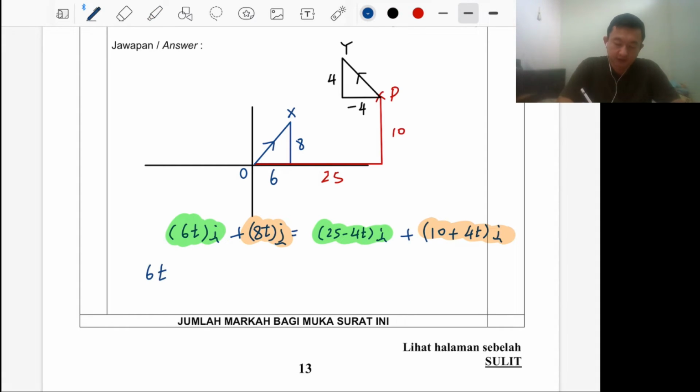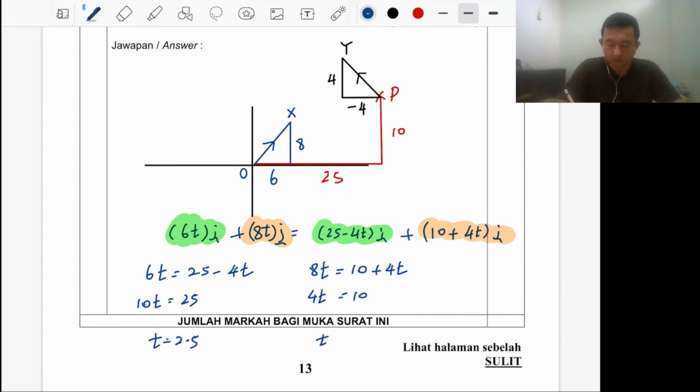So 6t... 10t, sorry. By right, you can just do any one of them. Either way, you should get the same answer because it's a fixed ratio. So t will be 2.5 hours.